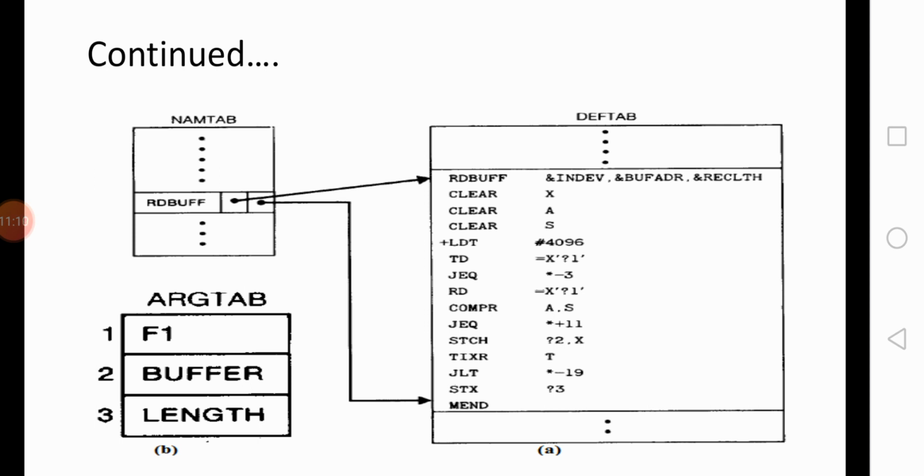This shows the parameters that belong to that particular prototype. Then in the argument table, you might observe that the information we used will be stored under F1, then the buffer, and then the length. F1 belongs to the first parameter, then the buffer address is second, and then the record length. This is about the information in your name table, argument table, and definition table, and how things are stored from one to another.